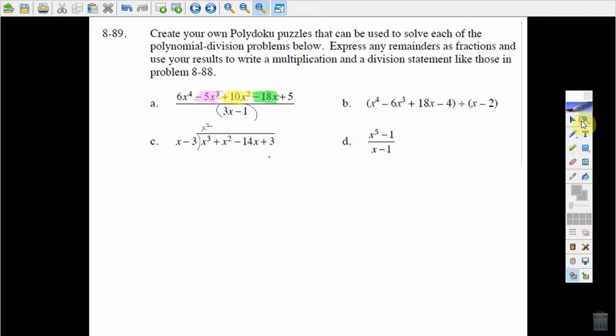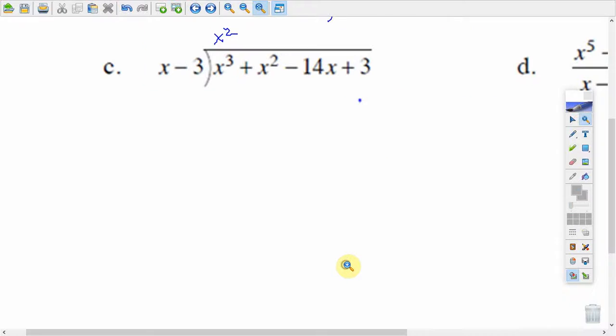We'll zoom in a little bit on this. x squared times x is x cubed. x squared times negative 3, negative x squared. Subtract both of those.